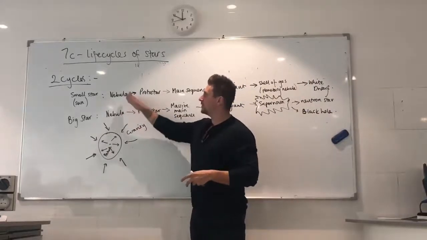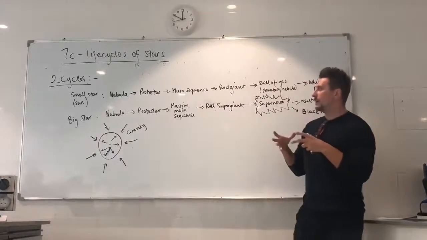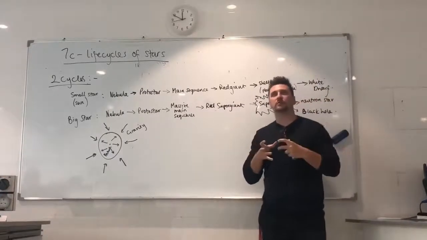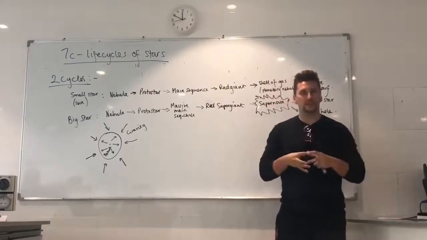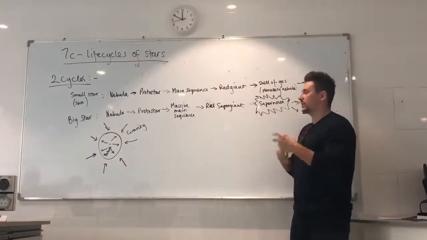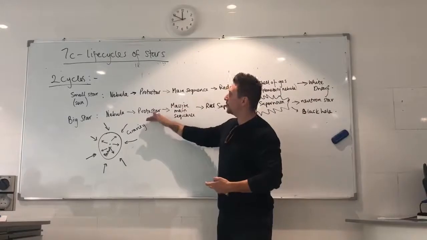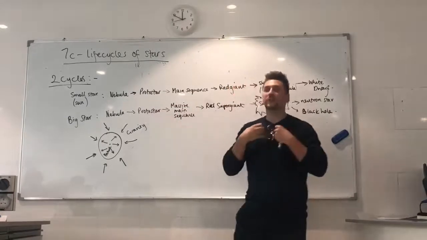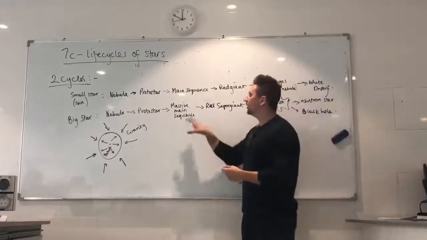So we both start off as a nebula, we both start off as a cloud of gas and dust, but it just depends on how much dust and gas you have to bring together, or how much you do bring together before you switch on. So you'll bring the nebula together, the gas and the dust, and I'll explain how and why. That then, again exactly the same, becomes a protostar, which is where it switches on, so it does begin to shine, but not because of fusion.